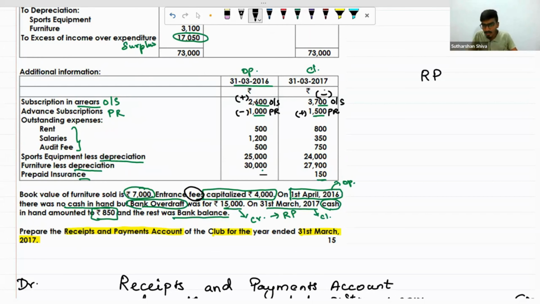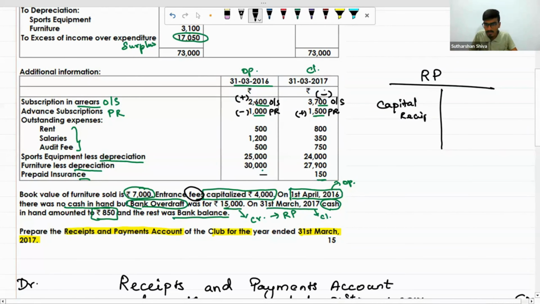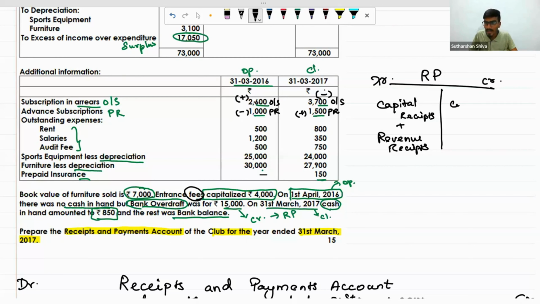Do one thing: in the receipts and payments account, all capital receipts plus revenue receipts will be recorded on the debit side. All capital payments plus revenue payments, that is revenue expenditure, will be recorded on the credit side.